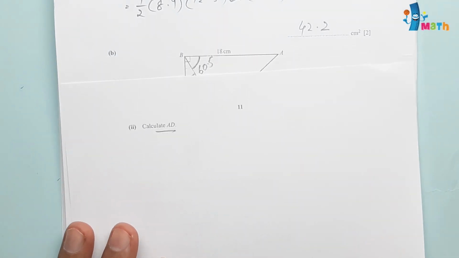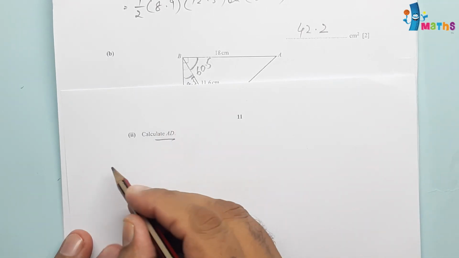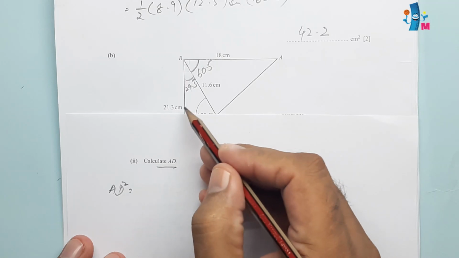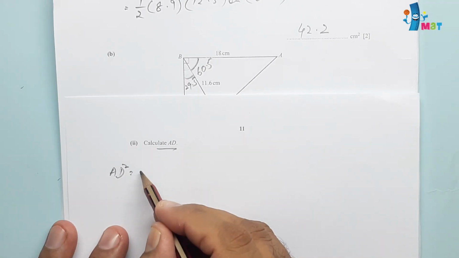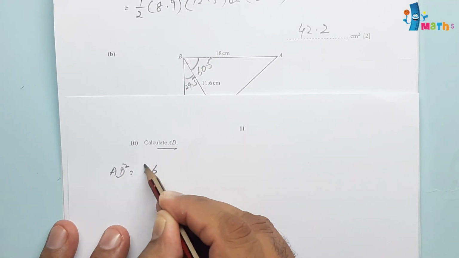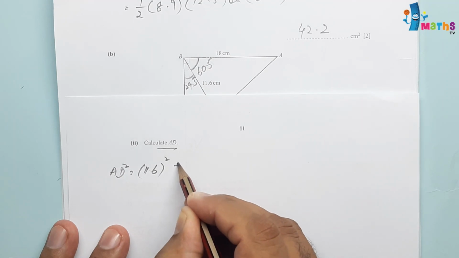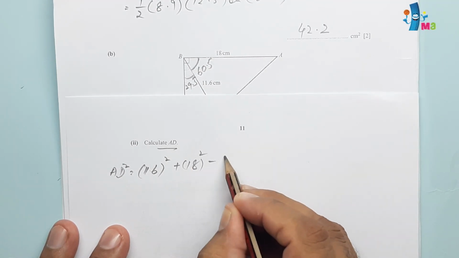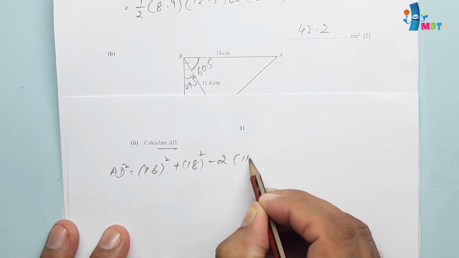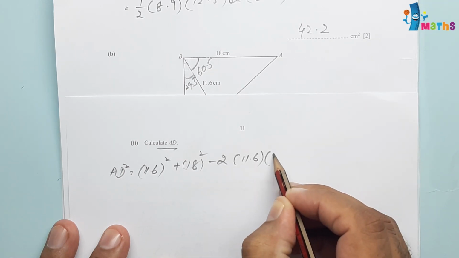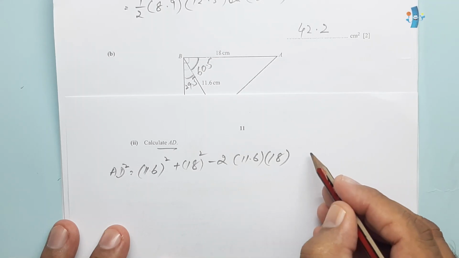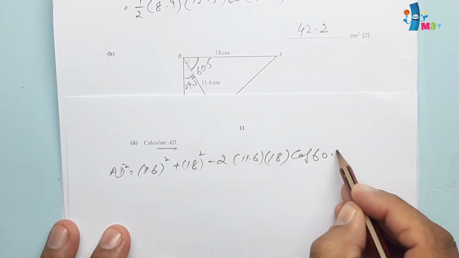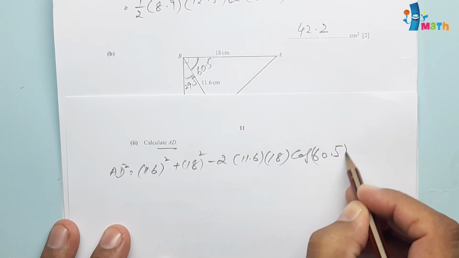So we will be writing cosine rule. AD square will be equal to 11.6 squared plus 18 squared minus 2 into 11.6 and the other side 18 into cos of 60.5, this angle.